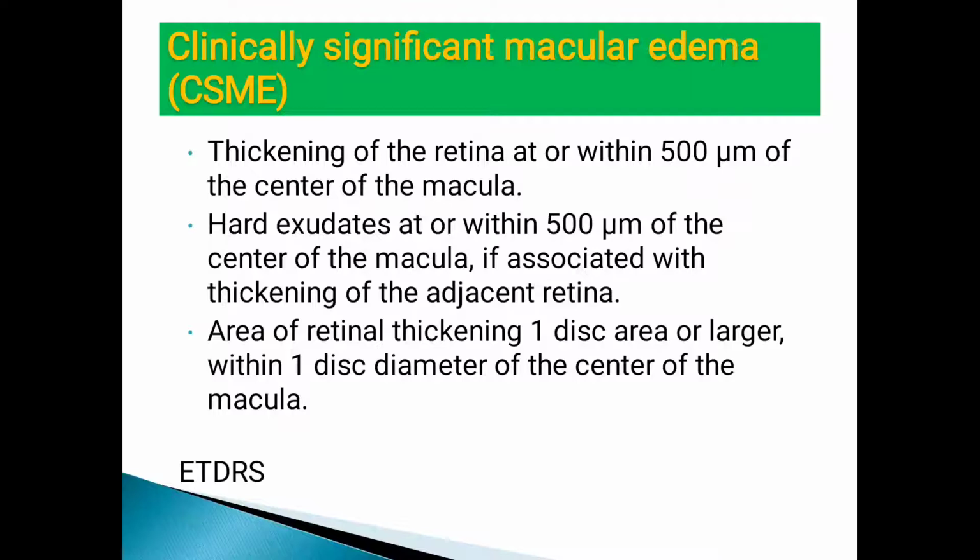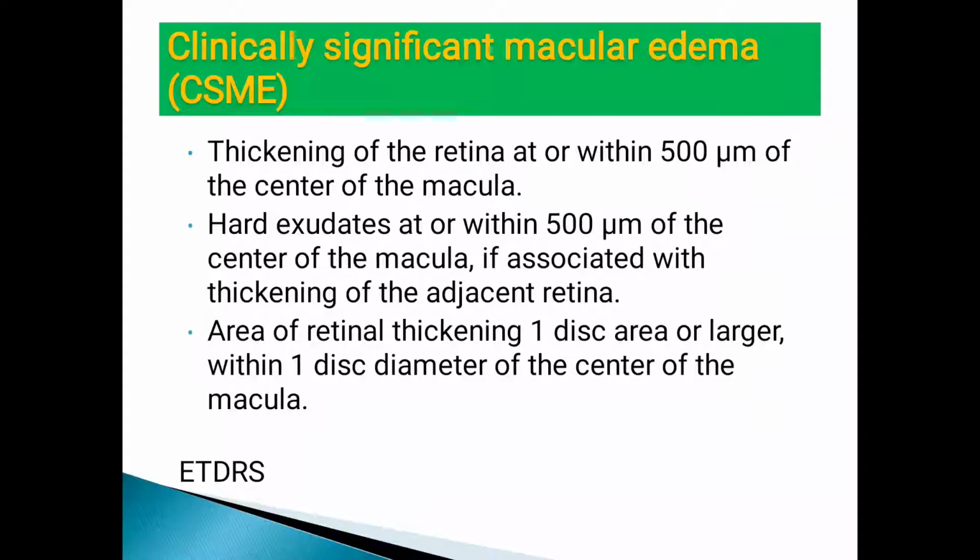Macular edema can be clinically significant or not clinically significant. So how do we know that the macular edema present is clinically significant? If the retina is thickened within 500 micrometers of the center of the macula, then it is clinically significant.